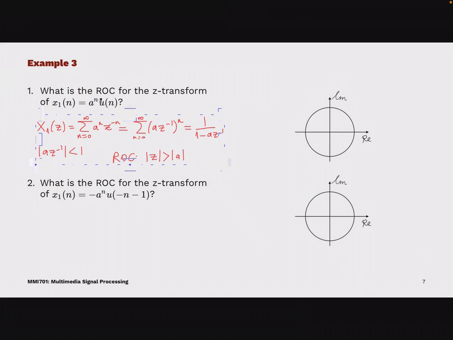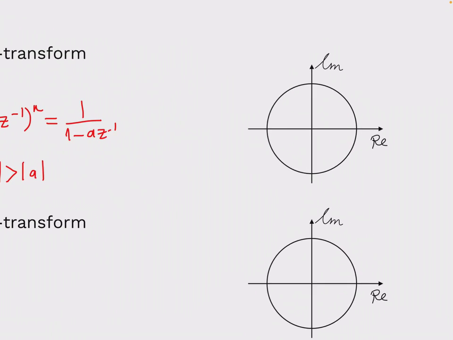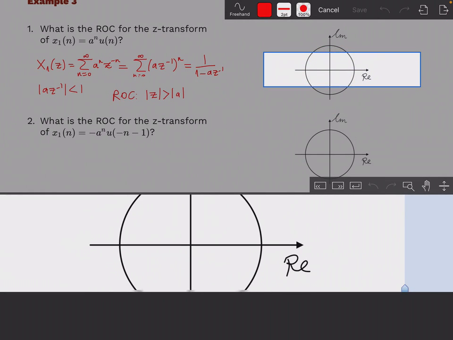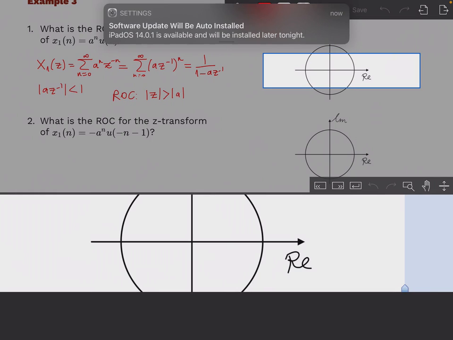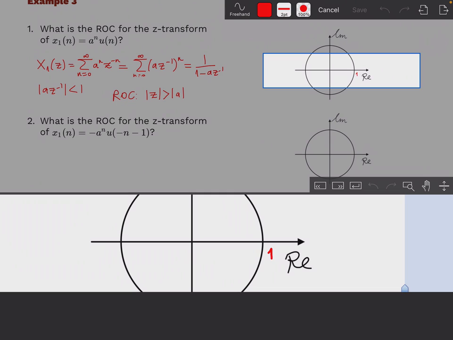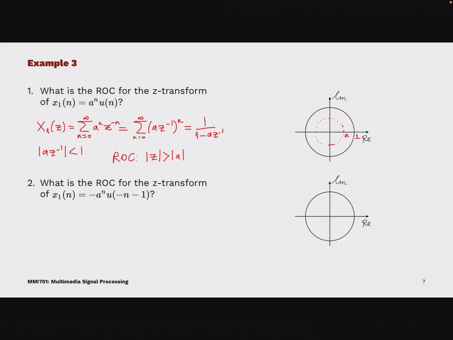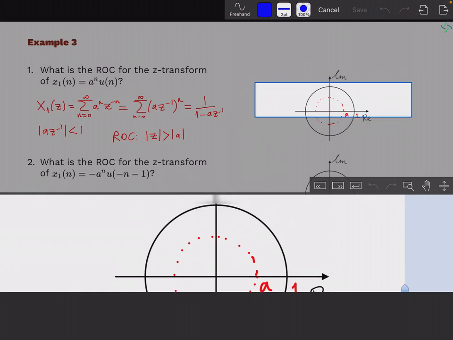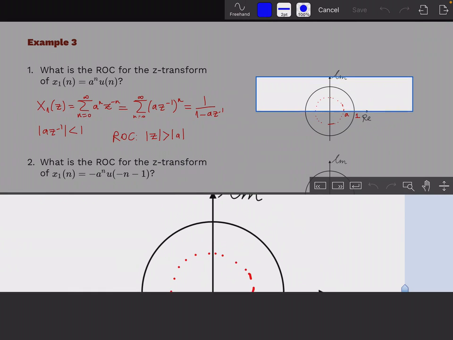Now, if you wanted to draw the region of convergence for this signal, let's call this the unit circle, and we would then have a circle with radius a, right? And we would want our values of z to be outside.